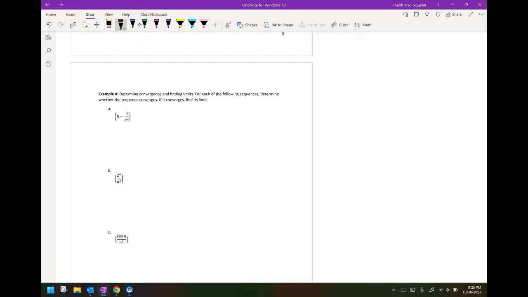We start with the limit as n approaches infinity of a sub n, that is the limit as n approaches infinity of 5 minus 3 over n squared. As n approaches infinity, 5 is still 5, but 3 divided by n squared approaches 0, so this is equal to 5.